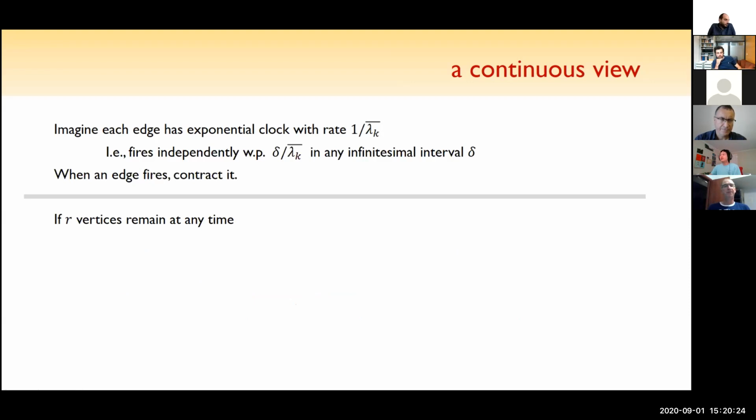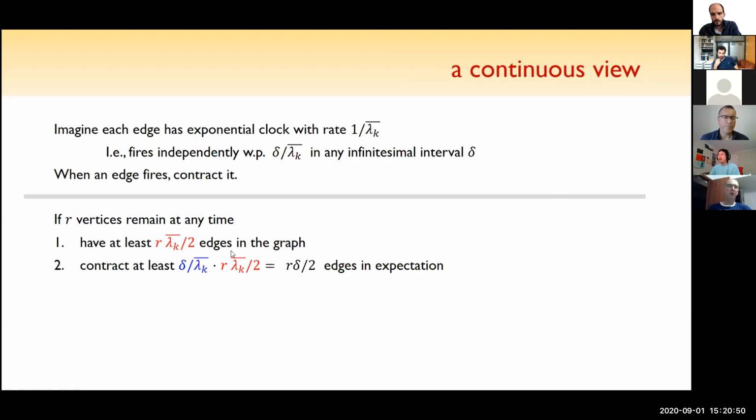So why is this view interesting? Let's try to reformulate Karger-Stein's original analysis in this continuous setting. If there are R vertices remaining, then from the previous analysis, we get this many edges at least in the graph.